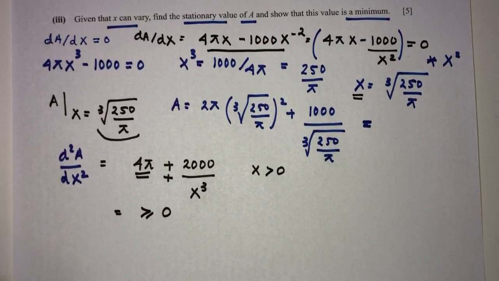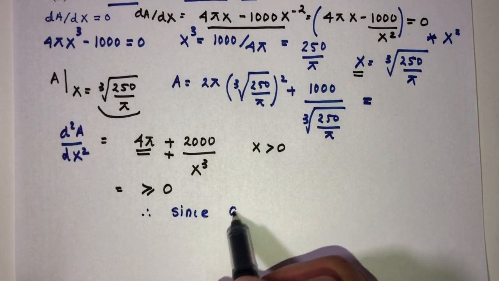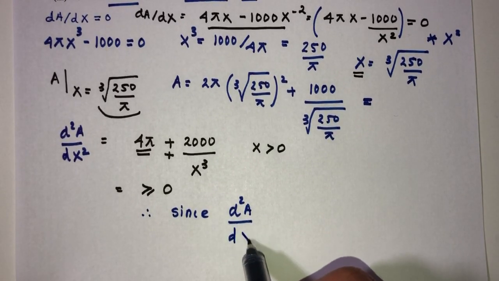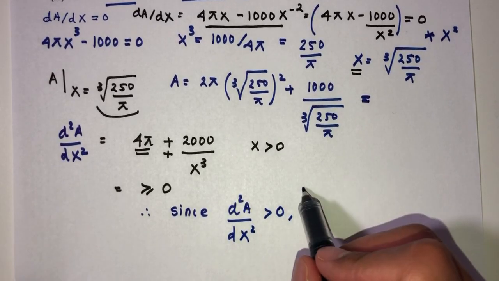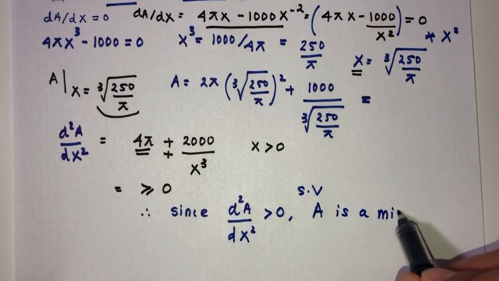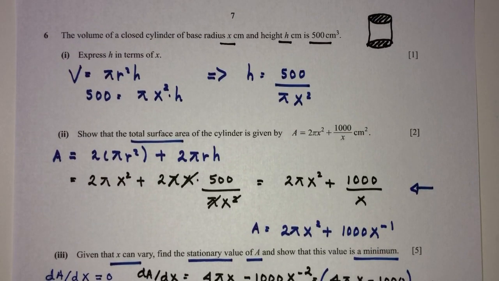So you can conclude that since we have shown that d2A by dx2 is more than 0, we know the stationary value of A is a minimum value. So by showing this, you show the value is a minimum value. So that will be your question number 6.